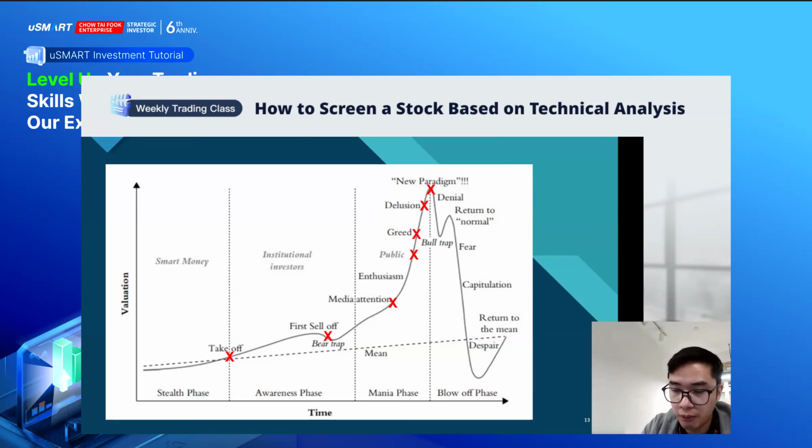In my view, we're in maybe the mania phase to blow-off phase, but we don't know when it will happen. We need to be careful, because when we buy slightly near the top and want the price to flip, it's not that easy, since the risk reward is not that good anymore. So we need to know whether it's currently in an uptrend, sideways, or downtrend.